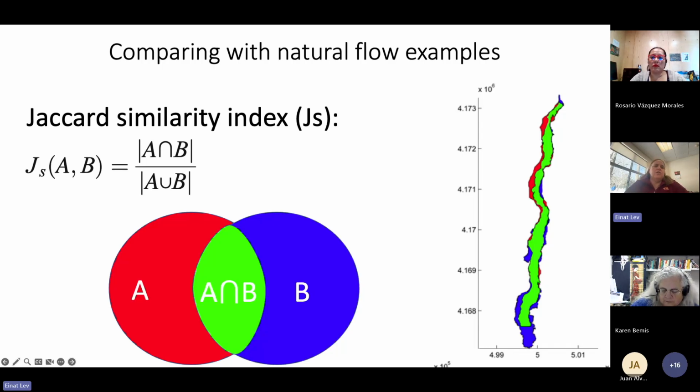So the intersection is the true positives. And then you look at the false positives and the false negatives, which are these two areas on the sides, and you want the green to be the largest compared to the blue and red. So that's the index. And then there are other ways of calculating this fit with different ratios.